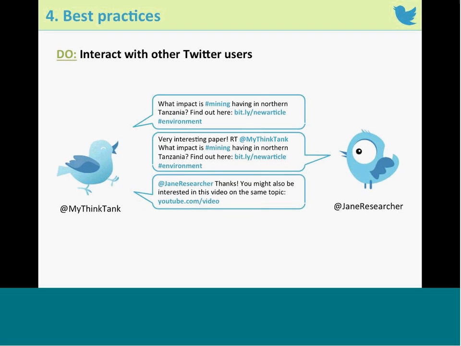And you might want to point them towards something else that's related to the same topic. It's good to do this because it really plays into the nature of Twitter, which is that it's casual and conversational. It's meant to be interactive. And it also engages with people very directly, and it can help you attract more followers because that researcher's followers are also seeing this conversation.